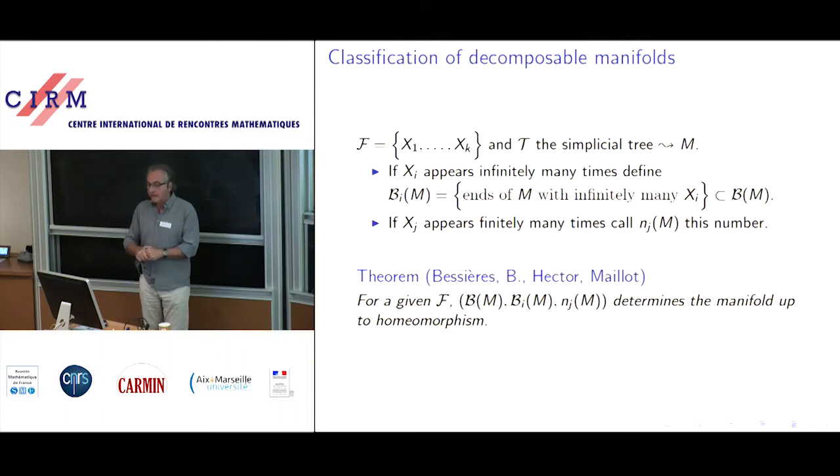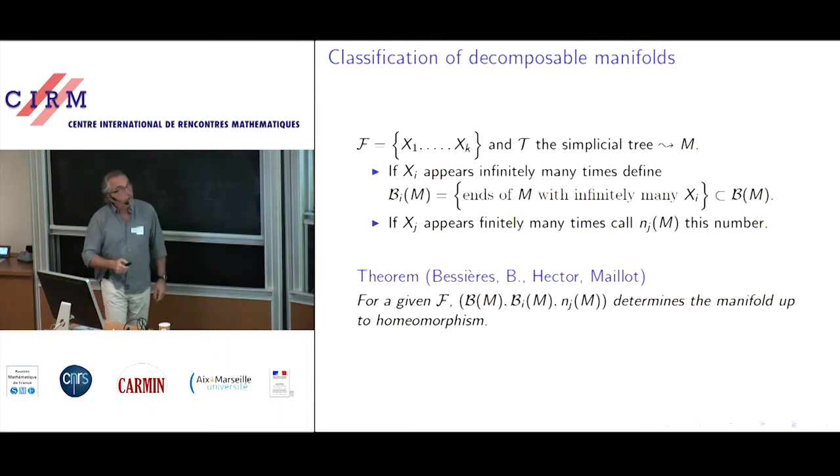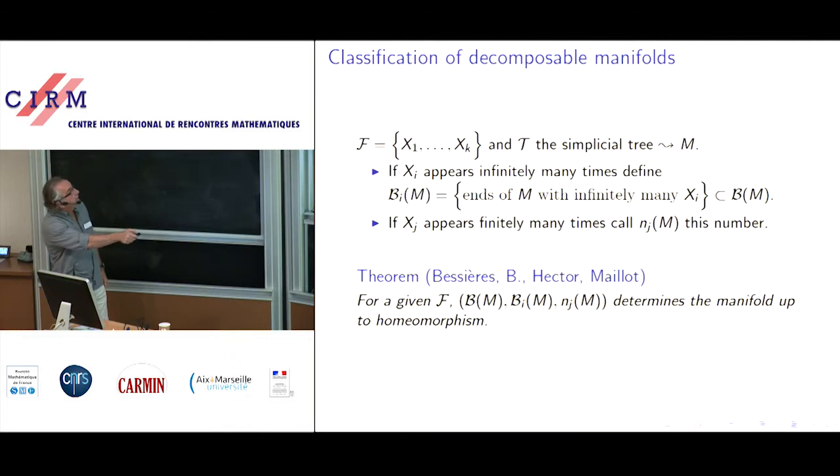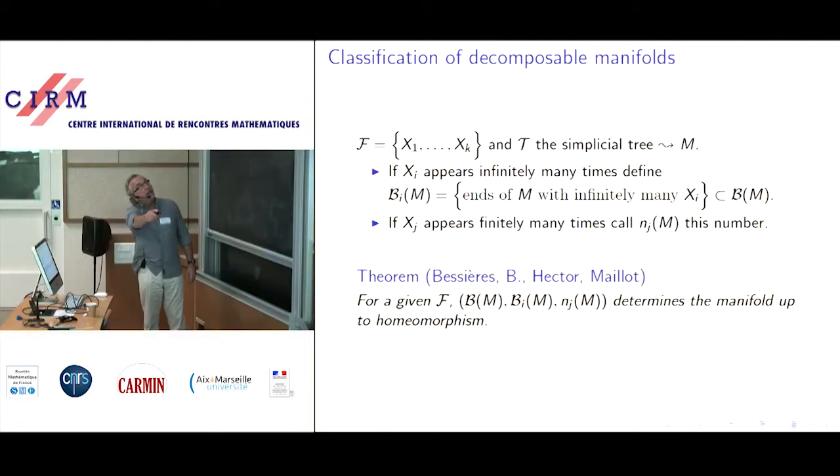So let me be more precise. Here, this is the set of ends of the manifold M, which is a Cantor set. This is the set of ends which contains infinitely many xi, which is again a Cantor set.